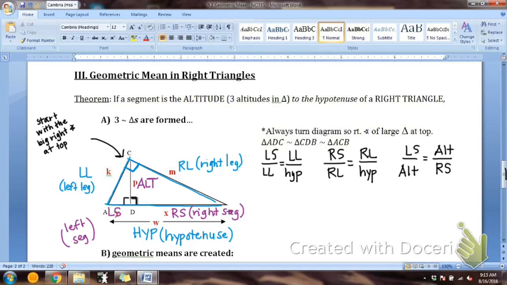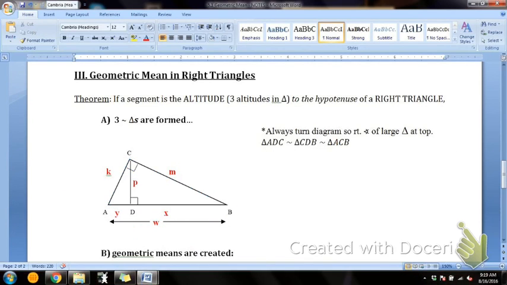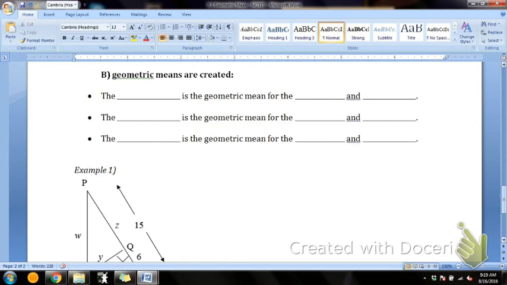And so if we look at this, let me get out of this notation. All right, so it says what is the geometric mean for what and what. We actually just discussed this. We said first the left leg is the geometric mean for which 2?